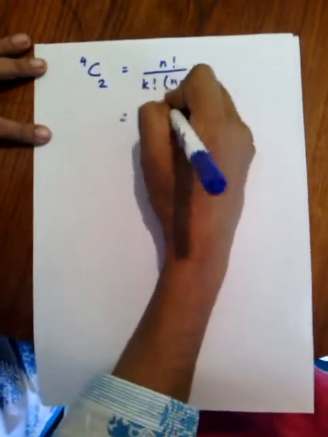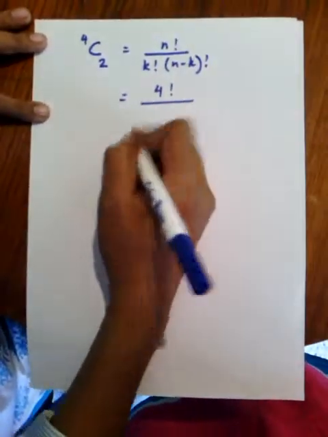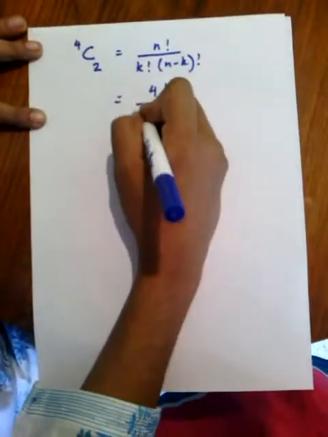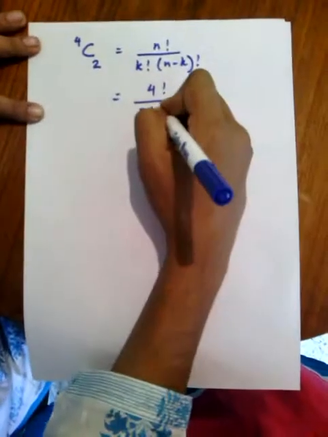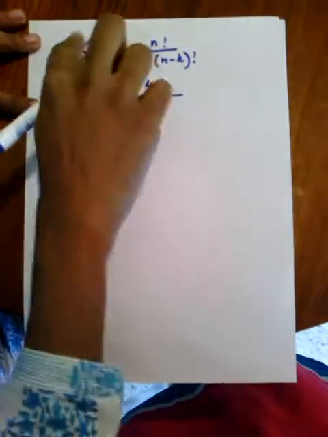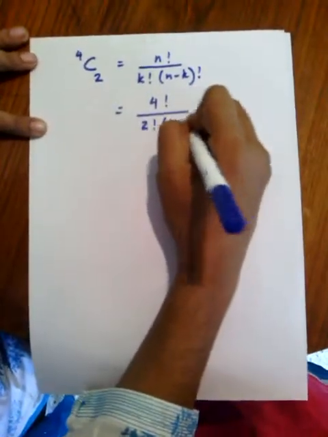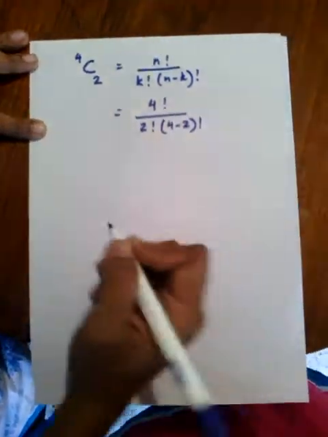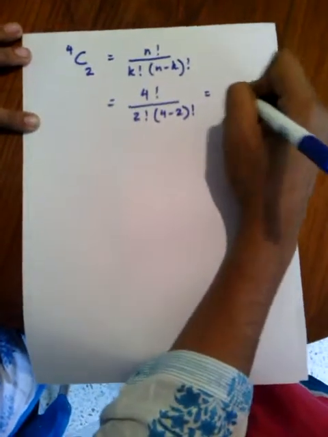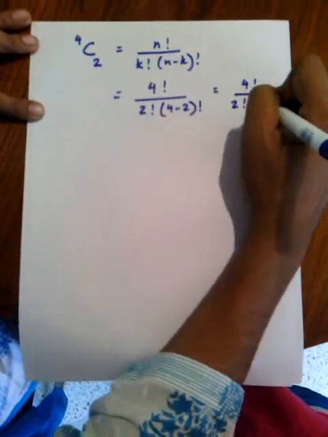So that is 4 factorial divided by, what is k? K is 2. So it's divided by 2 factorial times n minus k, which is 4 minus 2, which is 2 factorial. So that's 4 factorial divided by 2 factorial times 2 factorial.